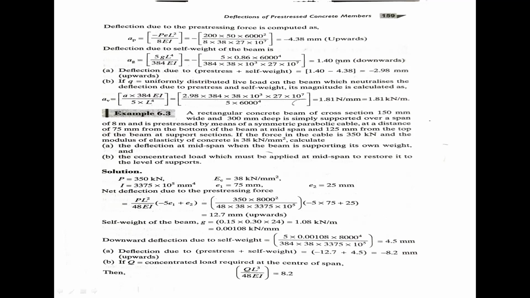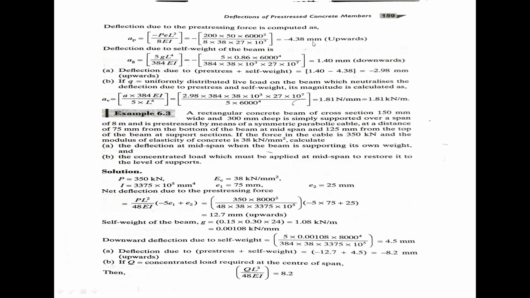This is downward. This is a small correction you have to make. Upward means negative, downward means positive. This is the positive deflection for self weight, that means downwards.